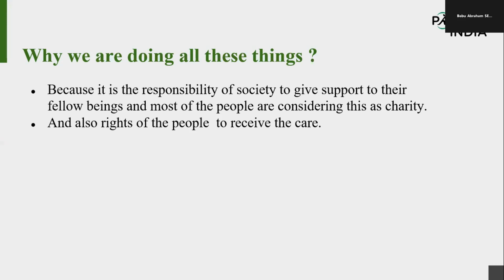I am supposed to give back that support received from society for the development of others. That is the meaning of social responsibility. We are just trying to do our duty as part of our social responsibility, and it is not a charity activity. We should remember this. It is not a charity, it is our responsibility.